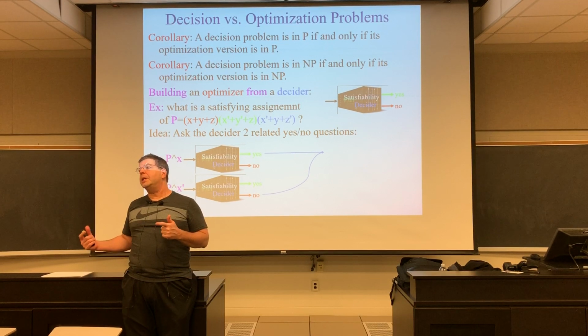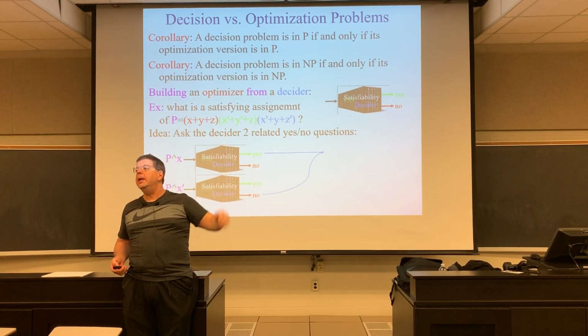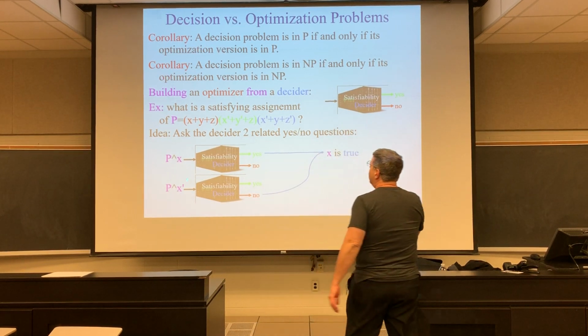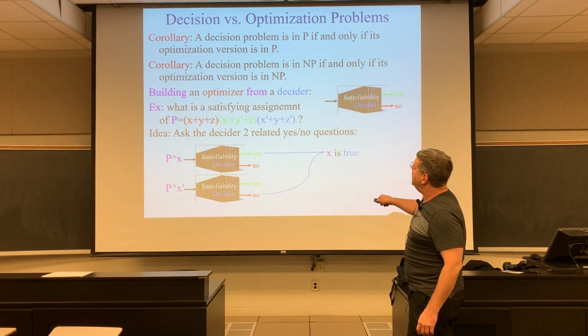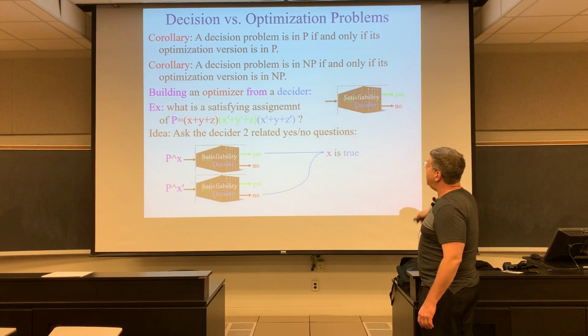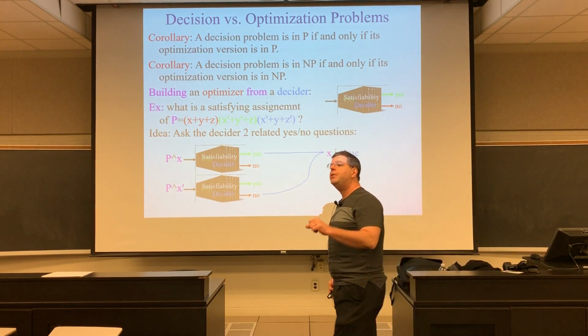But there's still got to be a satisfying assignment because P was satisfiable, and X has to be either 0 or 1. So if P and X was not satisfiable, P and not X better be satisfiable. How many get that? Yeah. And you can ask it that question too. But X is true if P and X is satisfiable, or if P and not X is not satisfiable. Both of these situations lead to the conclusion that X must be true in some satisfying assignment.